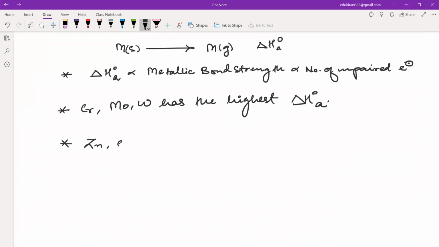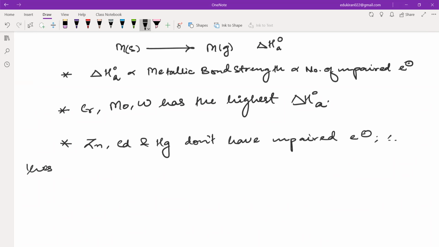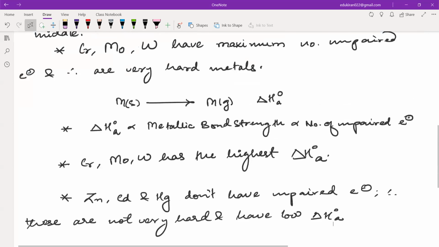So zinc, cadmium, and Hg don't have unpaired electrons. Therefore, these are not very hard and have low delta H naught A, that is, enthalpy of atomization.